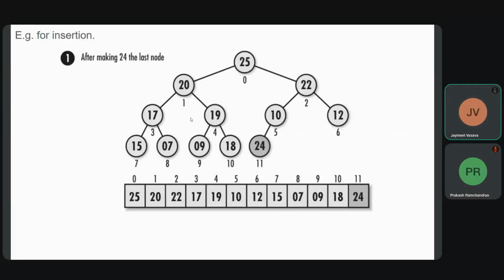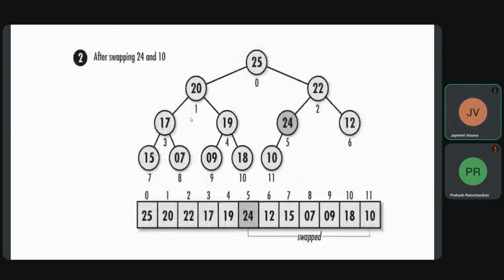Now after insertion, we will be reheapifying the array. As 10 is smaller than 24, we'll swap its position. When we swap, please have a look at the array and its positions also.